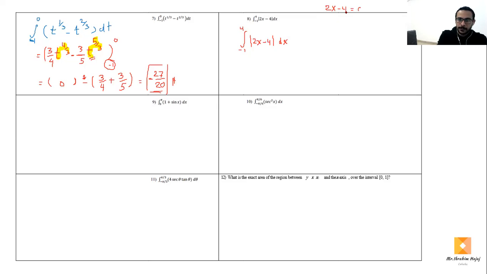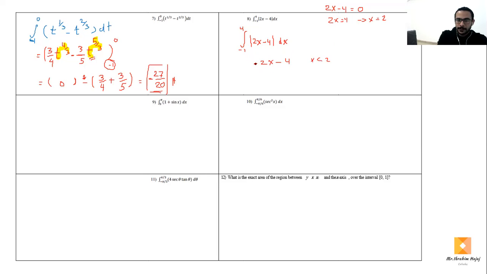Wait, one by one, step by step. 2x minus 4, you said we're going to find the turning points. So x is equal to 2. Take 2x equals 4 and x is 2. So we can put the function now: negative of 2x minus 4 for x less than 2, and 2x minus 4 for x greater than 2.